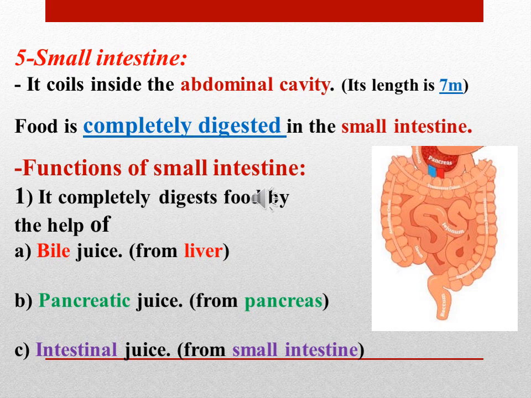And inside it, the different types of food are completely digested with the help of, first, bile juice secreted or produced from the liver. So it will help the body to digest the different types of fats and oils. Second, pancreatic juice, which is secreted from the pancreas. Third, intestinal juice, which is produced from the small intestine.